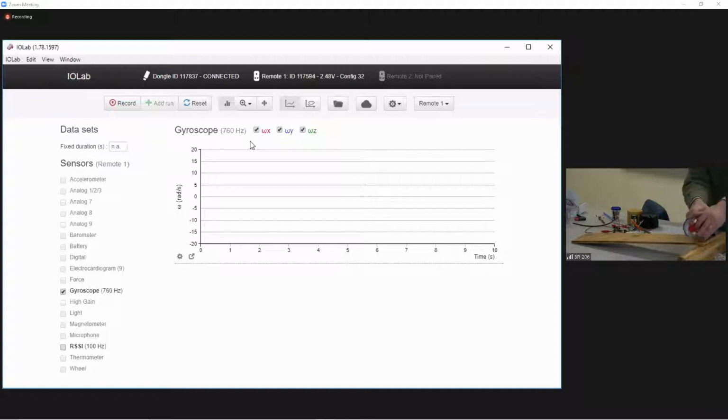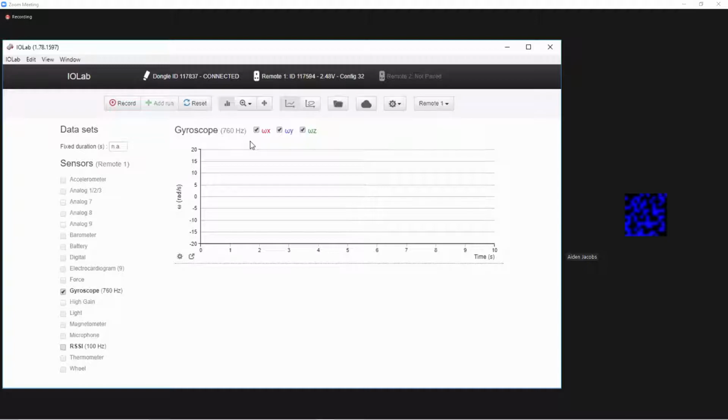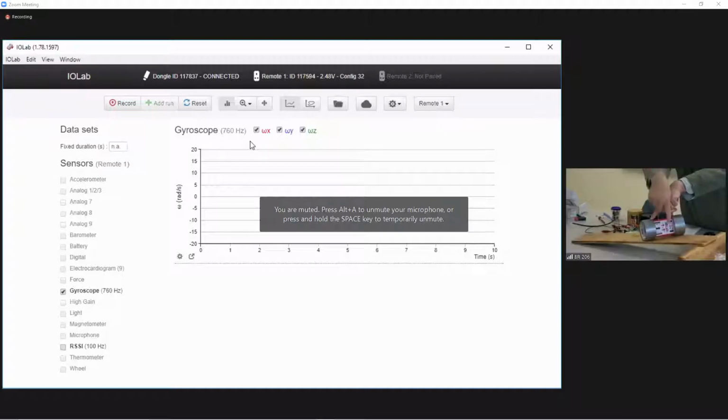When this thing rolls down, what is the only omega we really care to measure? About which axis? Anybody? X, Y, or Z? What is the axis about which this iOLab is rotating? X? X is this axis, isn't it?